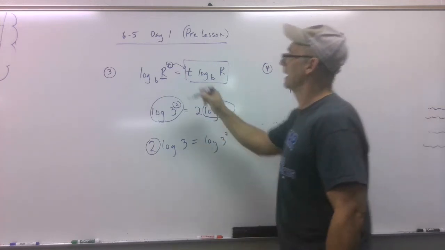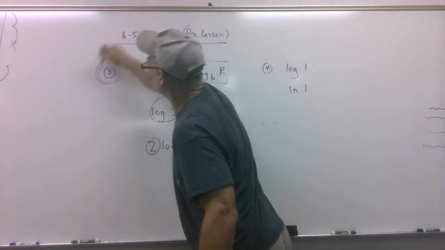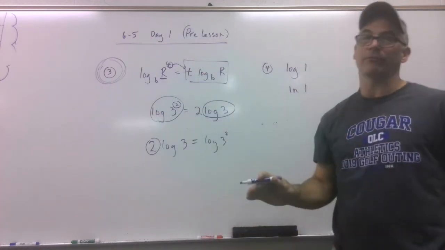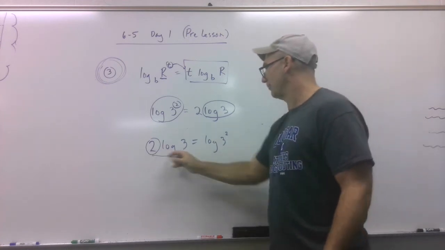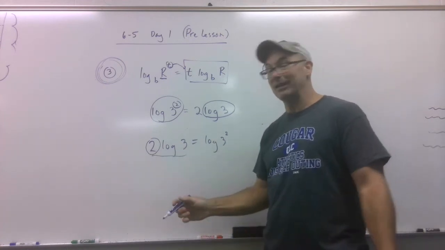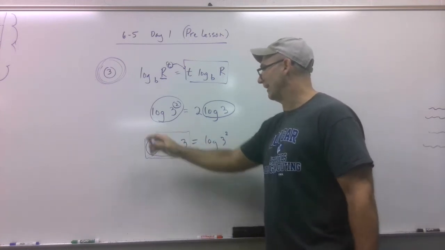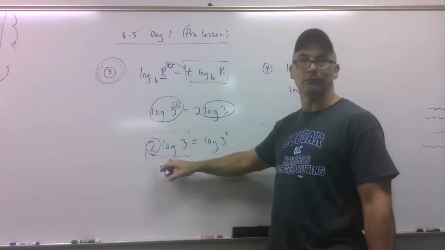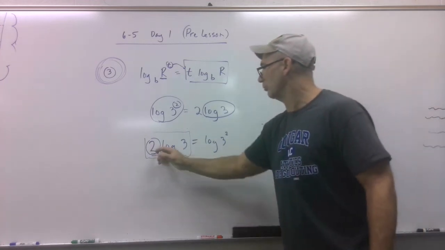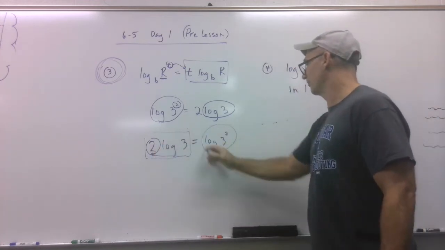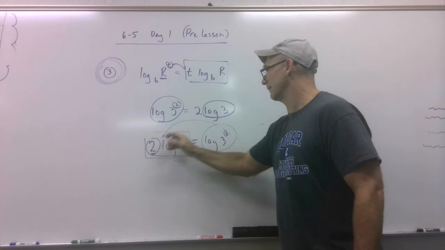You just got to be on the hunt for law 3 or rule 3 at all times. So they want you to practice law 3. And they might even say, write this as a single log. Some of you are going to be like, well, I'm done. But they want you to do law 3. So that's where you move this up here. But if this is the problem, then they want you to write it like that.